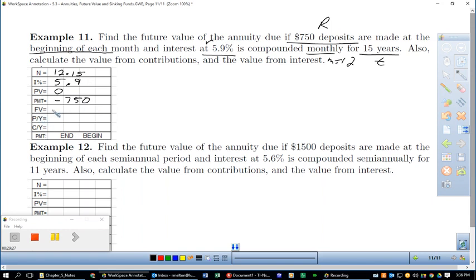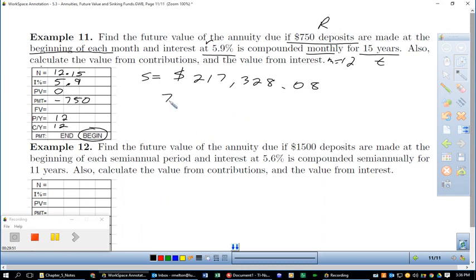Future value, we don't know. Payments per year is 12 times, since it's monthly. So 12, 12, and begin. When we put that in, we should get $217,328.08. So there is the S, our future value.